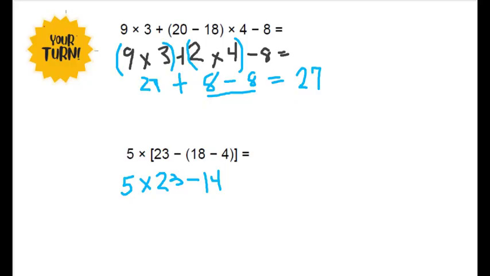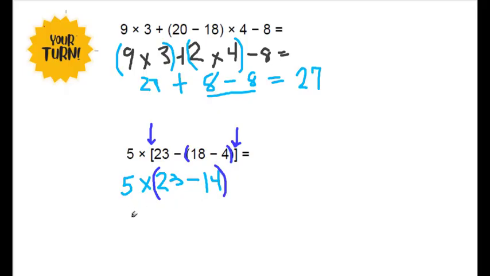Now we are going to start the next step. Some of you are looking at this, you forgot about the parentheses, and you went right to multiplication because you see multiplication and subtraction. But remember, we had parentheses nestled inside of another set. So this 23 minus 14 gets calculated before multiplying by 5.